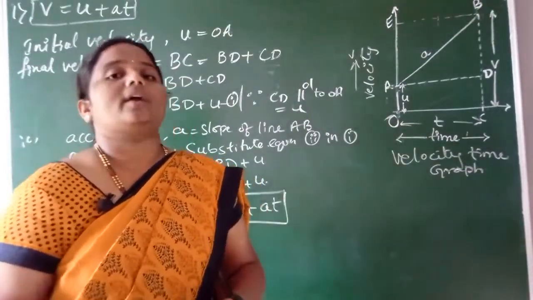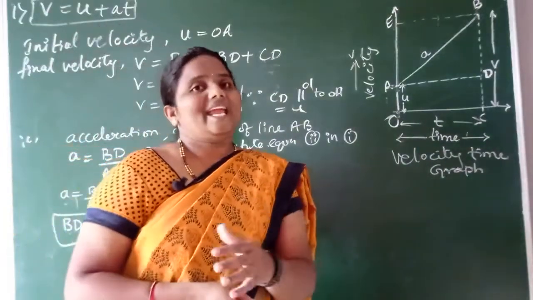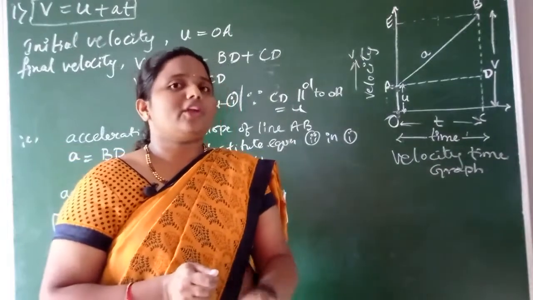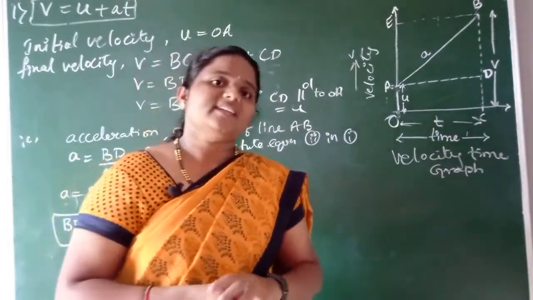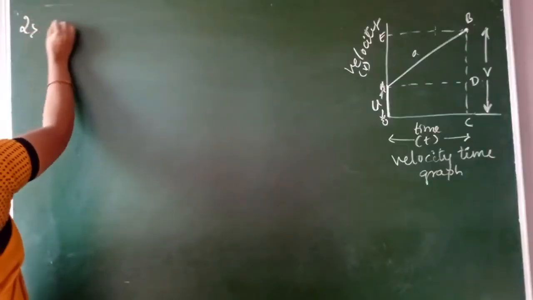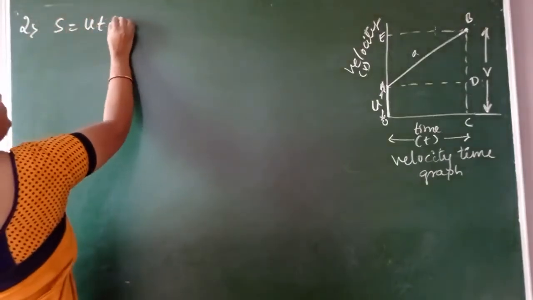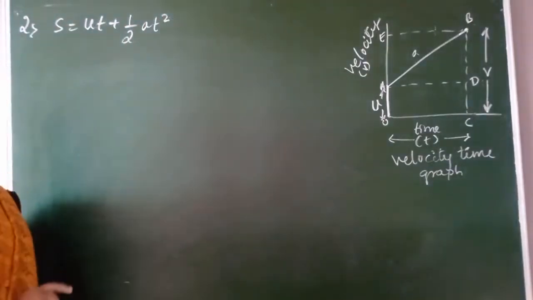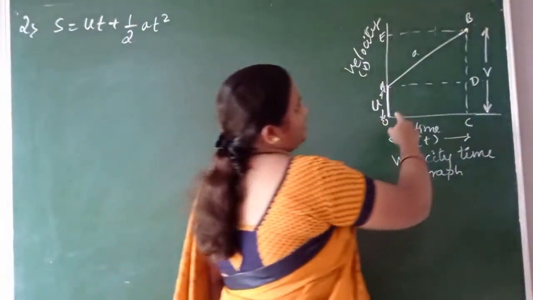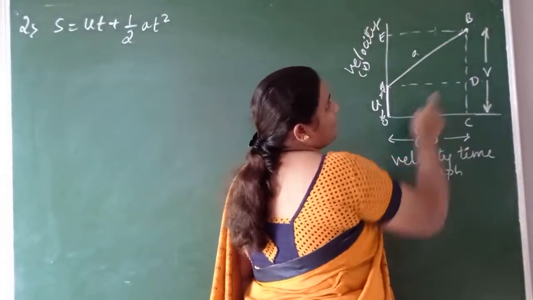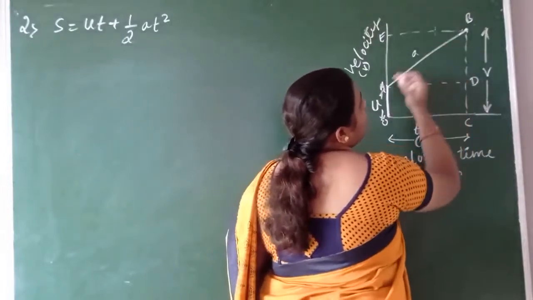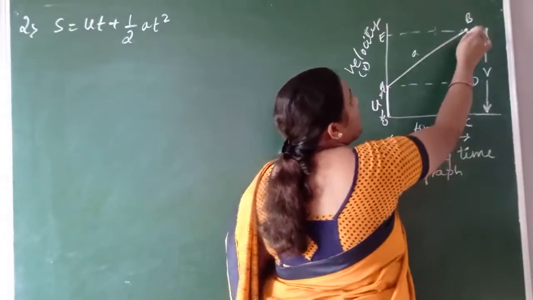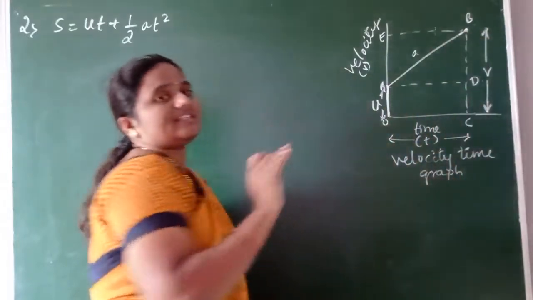Understand, children? Okay. Now we will solve the second equation of motion, which is S is equal to UT plus half AT square. Suppose an object covers a distance S in a time T, then this area is the distance it is covering in this figure. OABC is the distance it is covering.